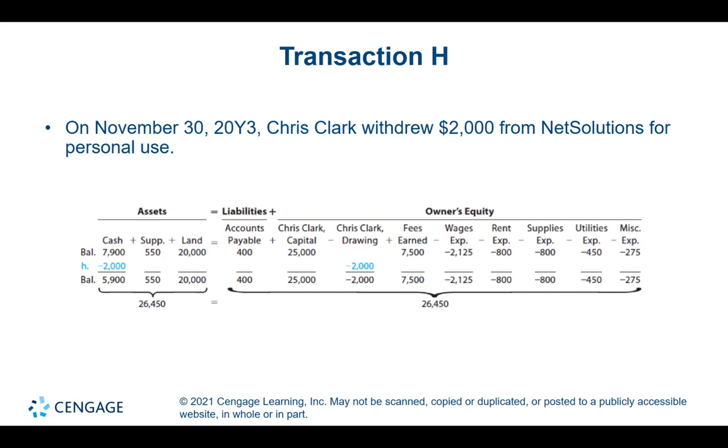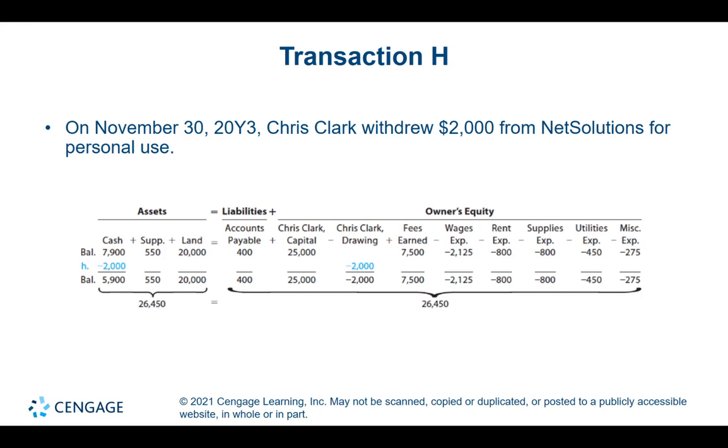So we see negative $2,000 under the drawing account as a negative impact on owner's equity, just like cash. With this withdrawal, cash has a negative impact on assets for $2,000.